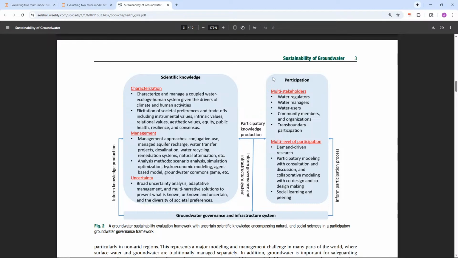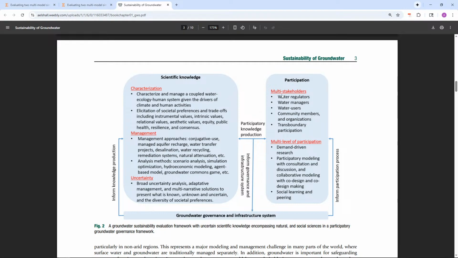You need to account for three things. You need scientific knowledge, to characterize the system, to understand the management, and to acknowledge your uncertainty. But you need to do this in a democratic process, with multi-stakeholder and multi-level participation.